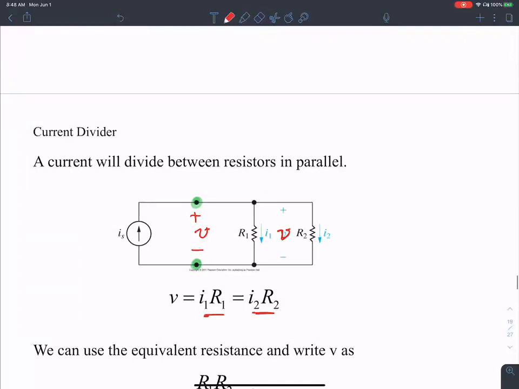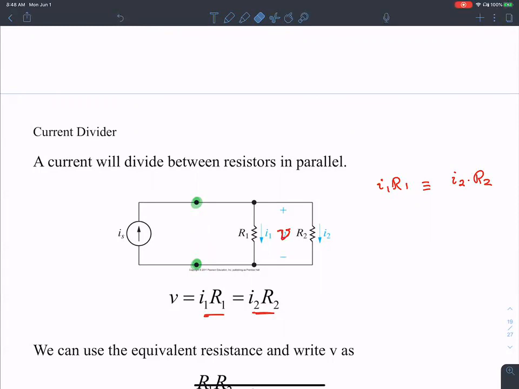For resistors in parallel, I1 R1, which is the voltage across the resistance R1, is exactly the same as I2 R2 in the second resistance, because they are connected in parallel and their voltages are exactly the same.